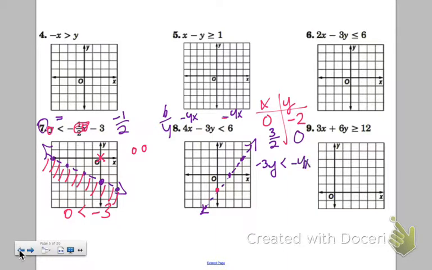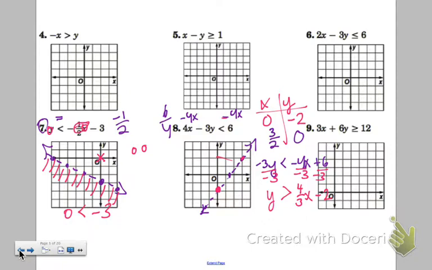So now when I divide by the negative 3 to solve for y, I divided by a negative, and with an inequality equation, when you divide by a negative, you have to flip the inequality. So now it's y is greater than negative over negative is positive 4/3 x minus 2. So that gives me a y-intercept of minus 2, and then up 4 over 3, so that works.